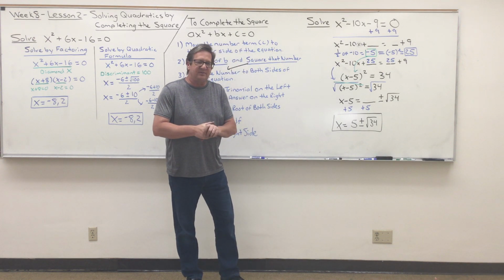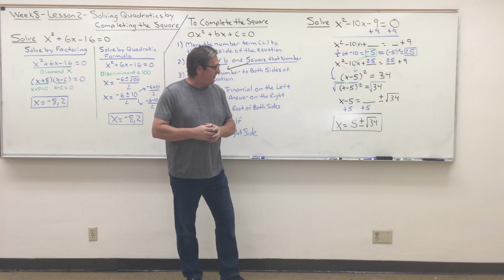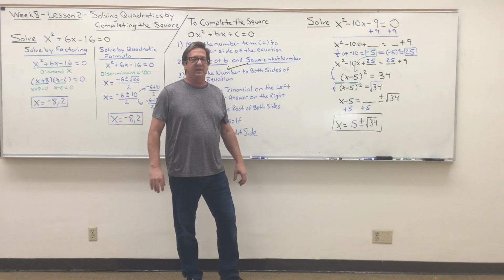And we're going to say that our answer is x equals 5 plus or minus the square root of 34, and you are done.